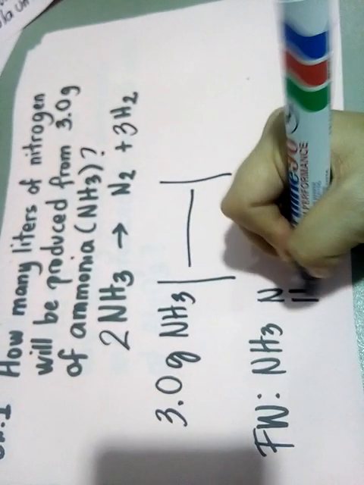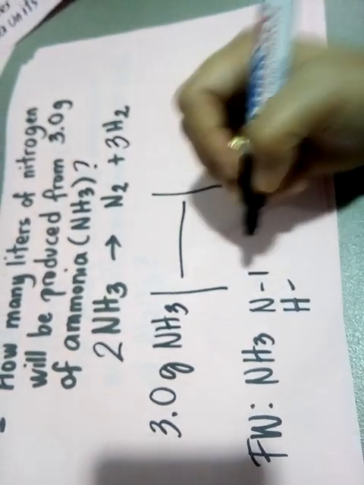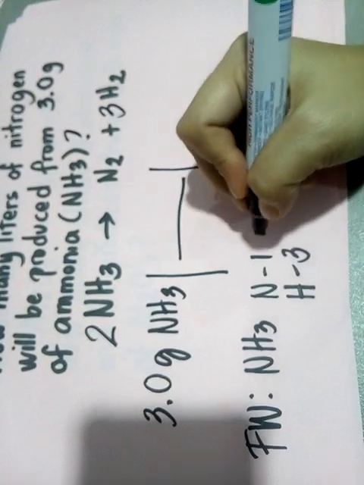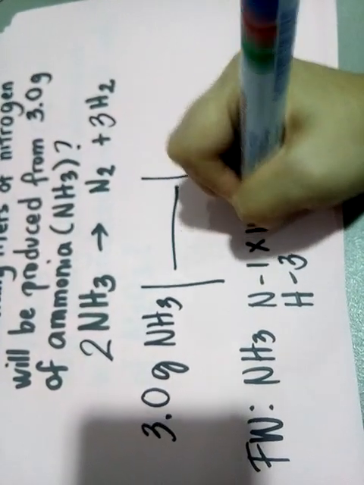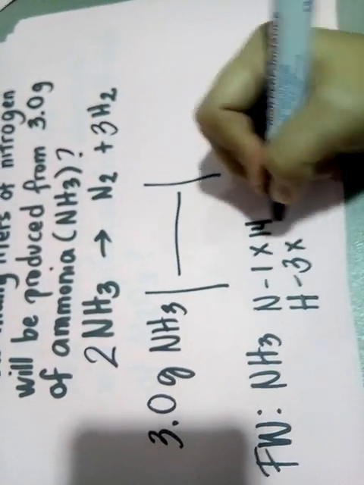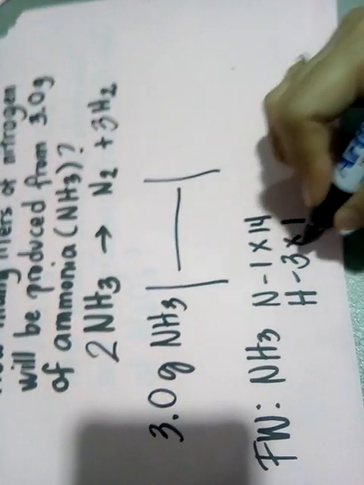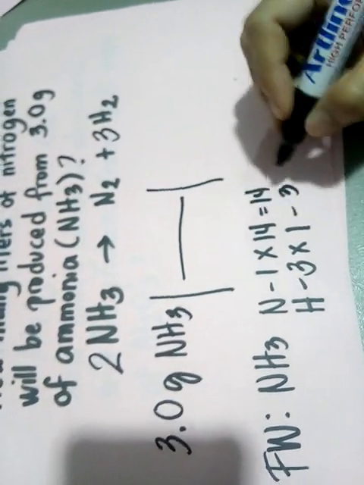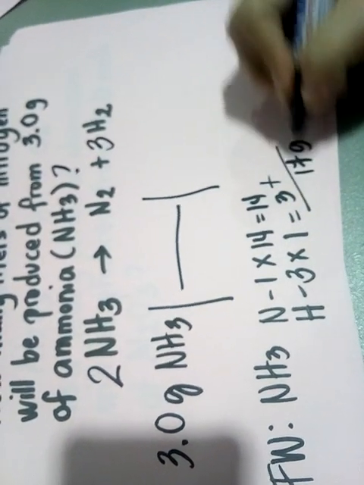We have N and H. N, we have 1 atom. H, we have 3 atoms. Then look in your periodic table. What is the atomic weight of these atoms? N is 14. H is 1. Then you just multiply and add. So 17 grams per mole. So the formula weight of NH3 is 17 grams per mole.